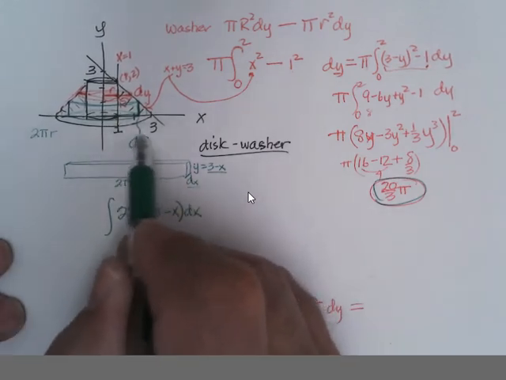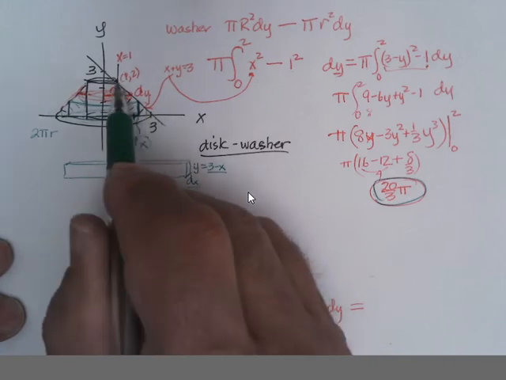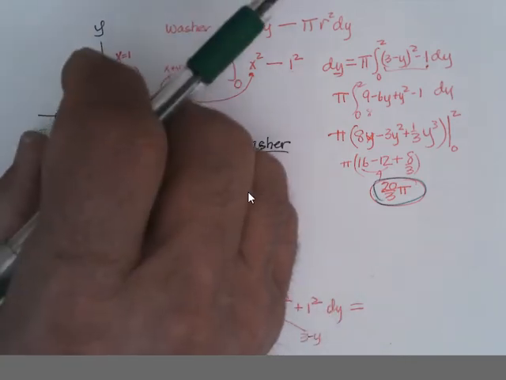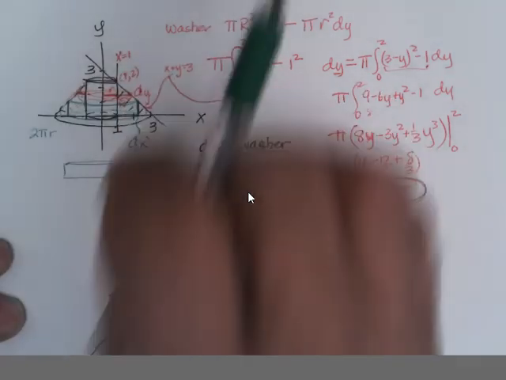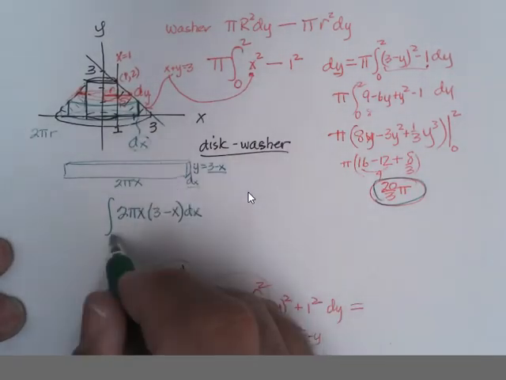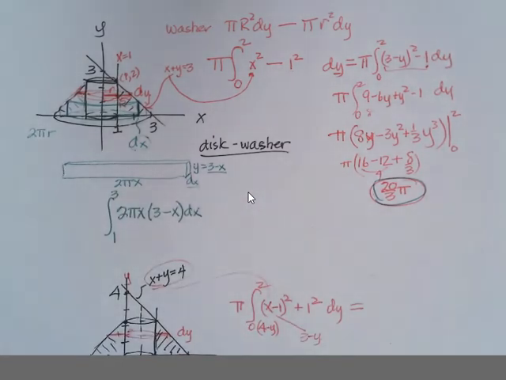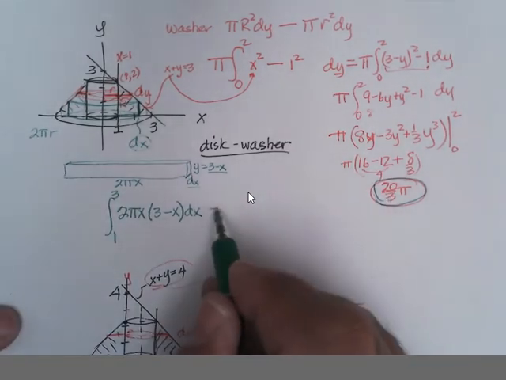Since I'm doing dx's, the x starts at 1 and goes to 3, starting with a taller, smaller radius pipe, and working my way out to a much shorter but larger radius pipe. So it's going to go from 1 to 3, the x's are. So I'm going to work this one out and verify that we get the same answer.